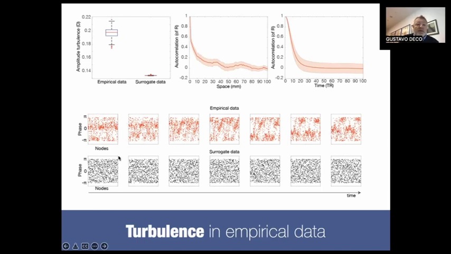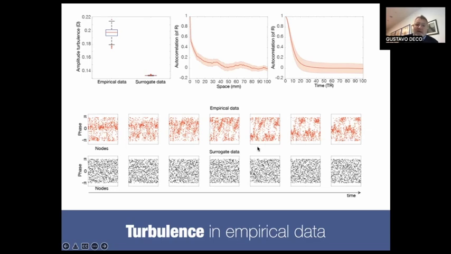And what you see in the case of the real data of a particular subject, particular session, is this type of clustering of the phases, which is really reflecting this different level of local synchronization, so the different vortices. And those vortices and the variability of those vortices across space and time is reflected in that very positive, significant value, which means that the system is turbulent.